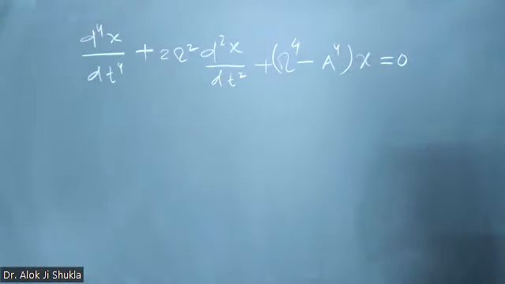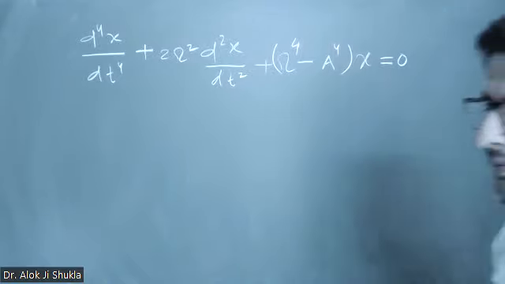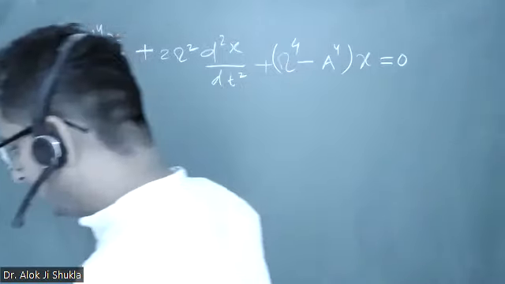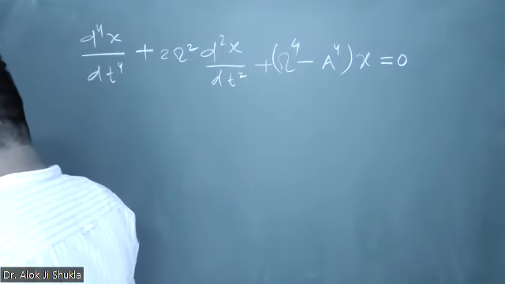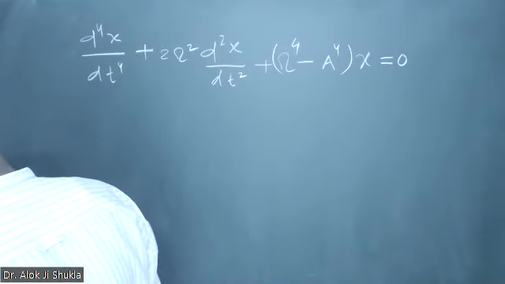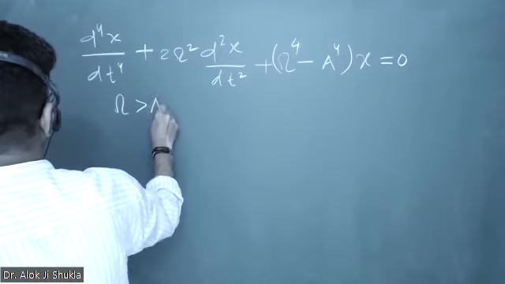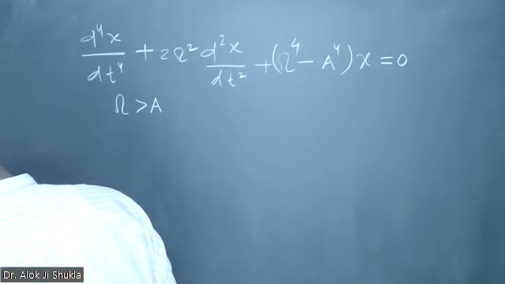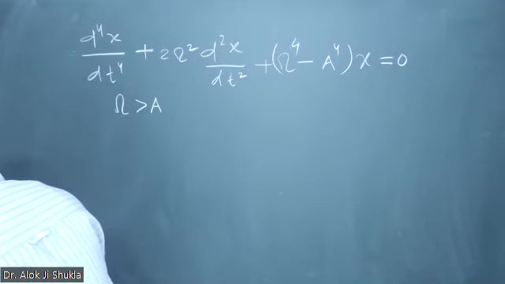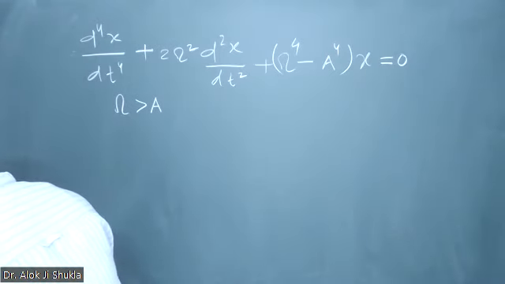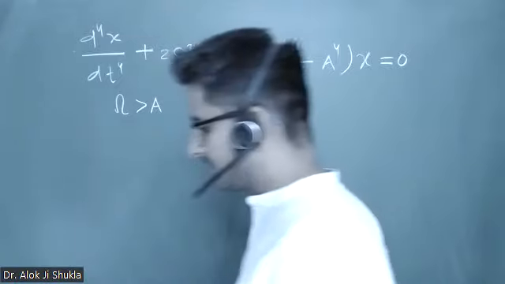So this type of equation. We have not done fourth order, but they are not asking to solve it. They just want to know what will happen when omega is greater than a.